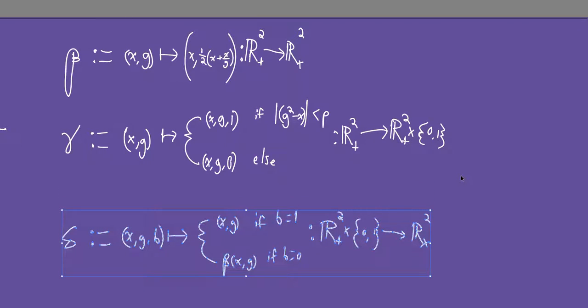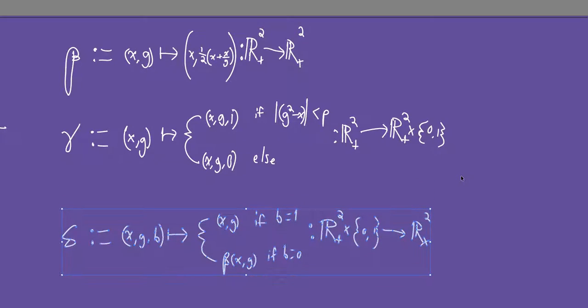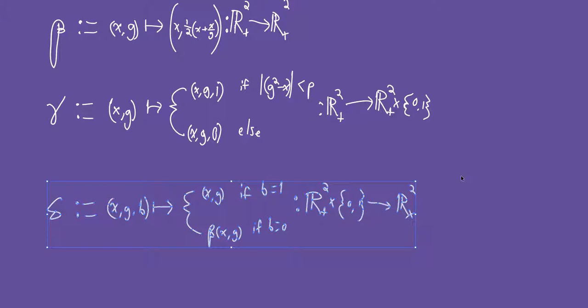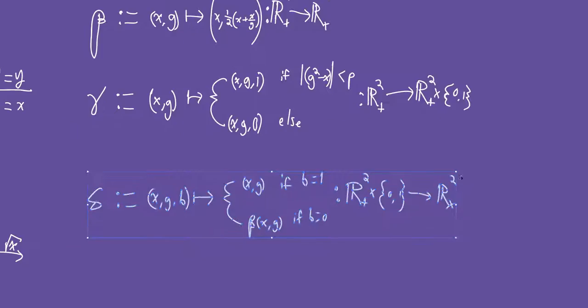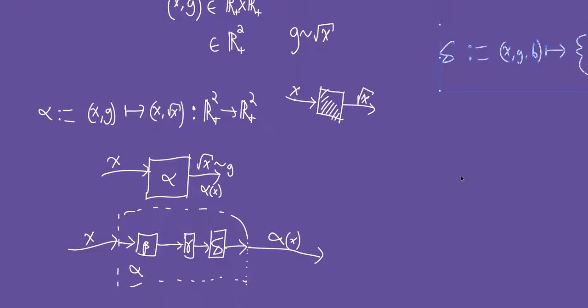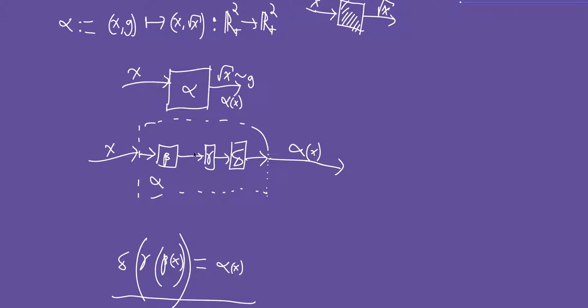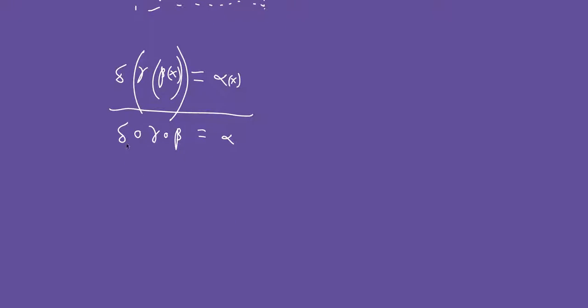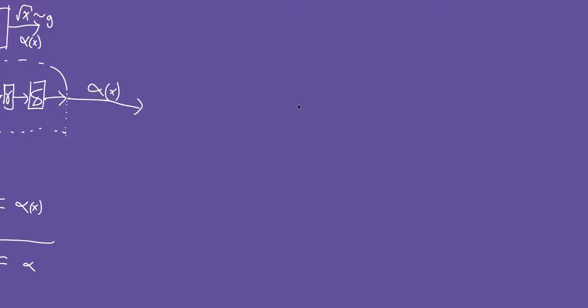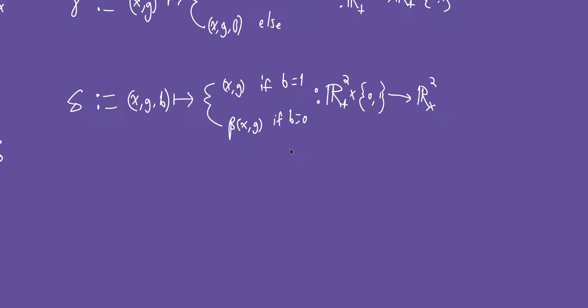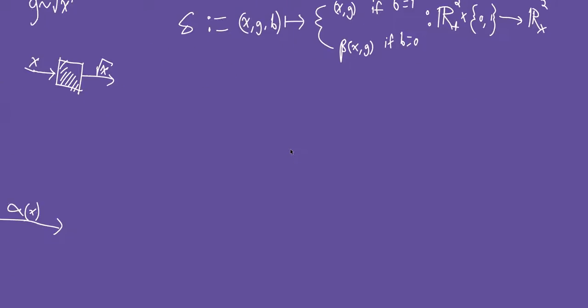And if you remember our composition down here, it's going to go into beta first, then into gamma, then into delta, or it's going to look like this. And we have this composition.